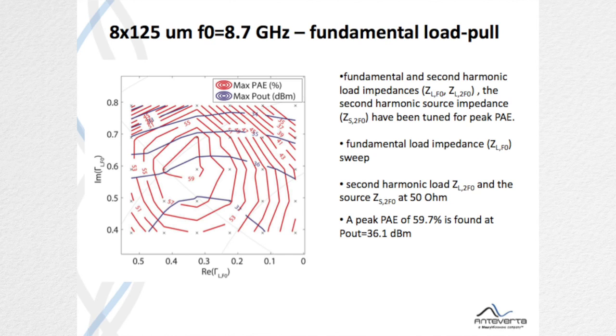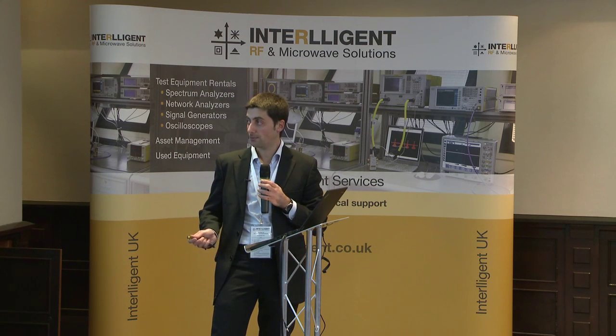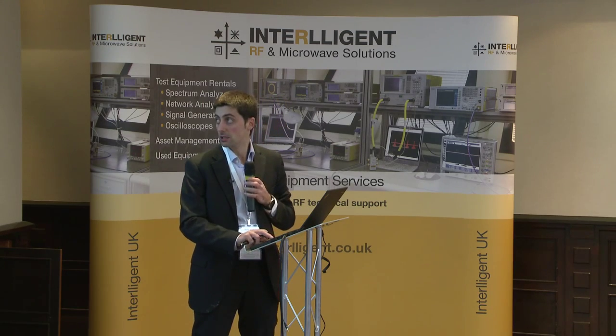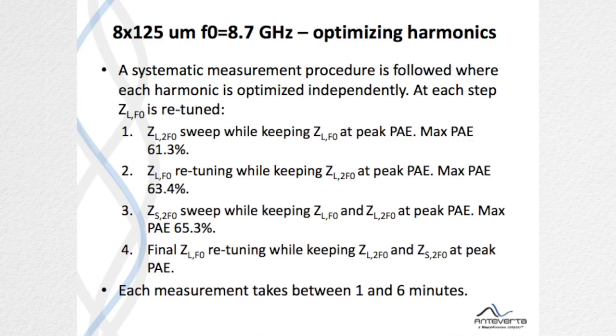But after finding this fundamental load, where we have a peak PAE of almost 60%, we start basically tuning second harmonic load and second harmonic source. The procedure is, again, fairly simple. You start by tuning second harmonic load with fundamental load at peak PAE, reaching 61.3%.